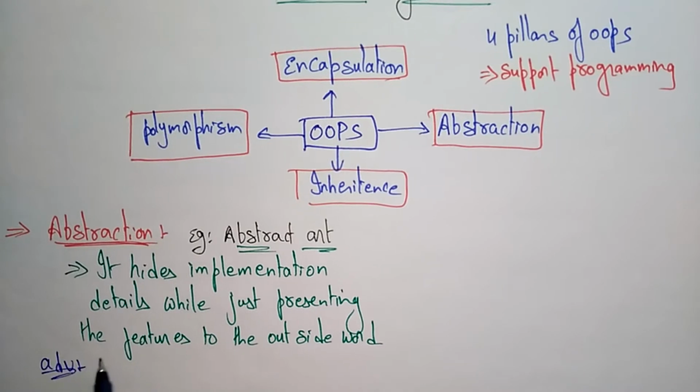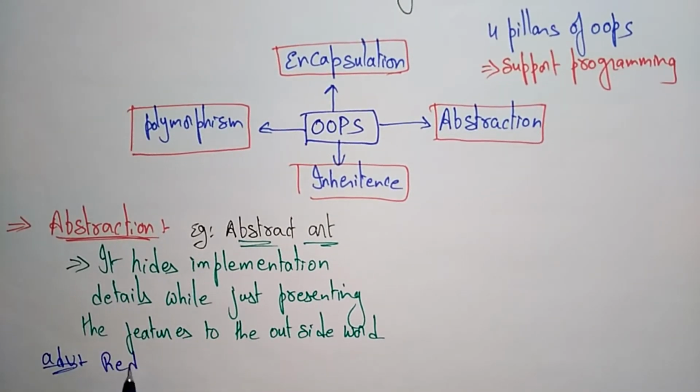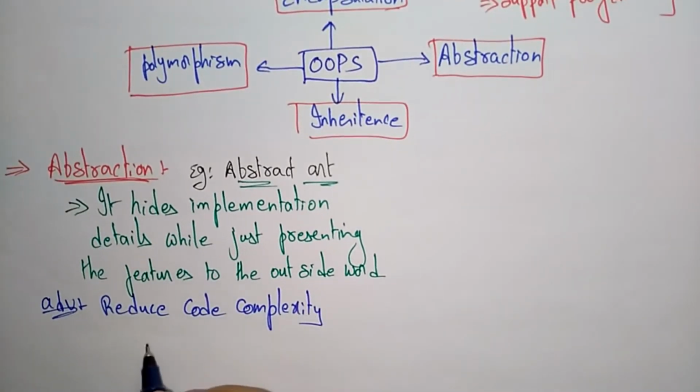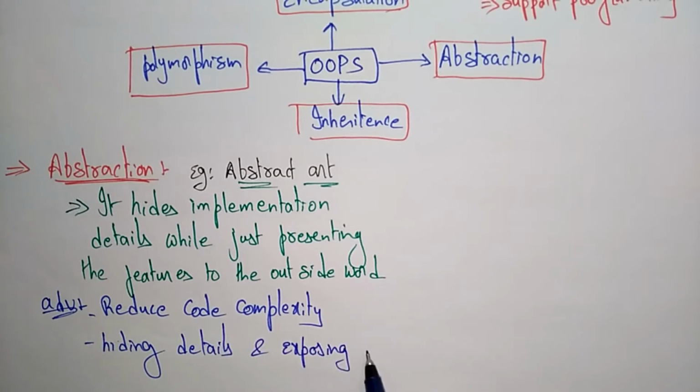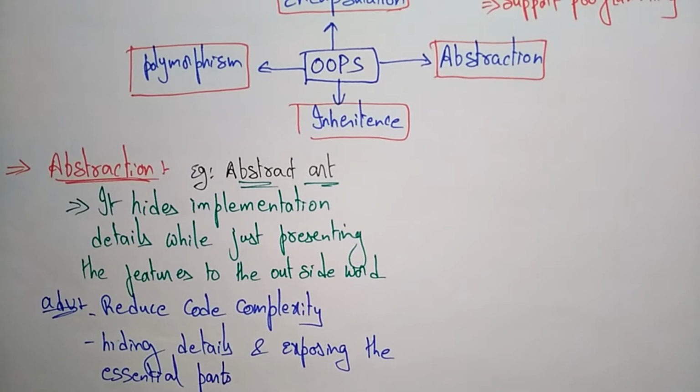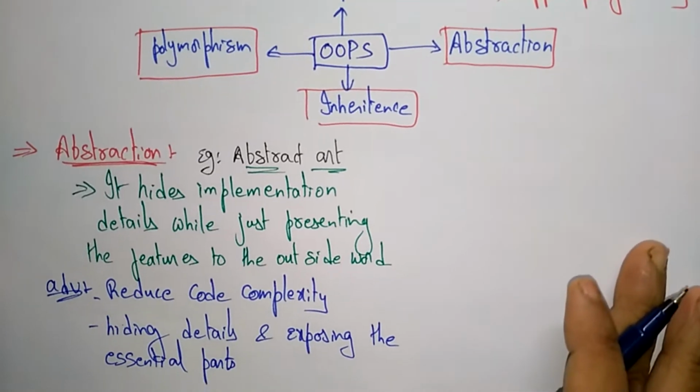The main advantages are it reduces code complexity, it hides the details, and it exposes only the essential parts.